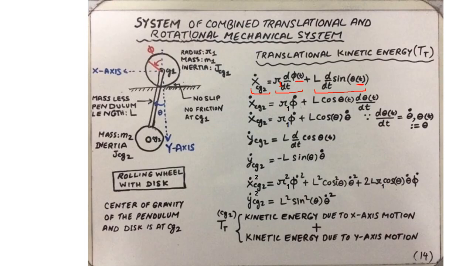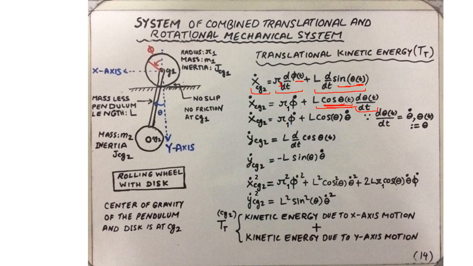This simplification for x dot CG2 requires the application of the chain rule, particularly to the second term. Because theta is a function of time, we first take the derivative of sine theta, which becomes cosine theta, times the derivative of theta with respect to t.